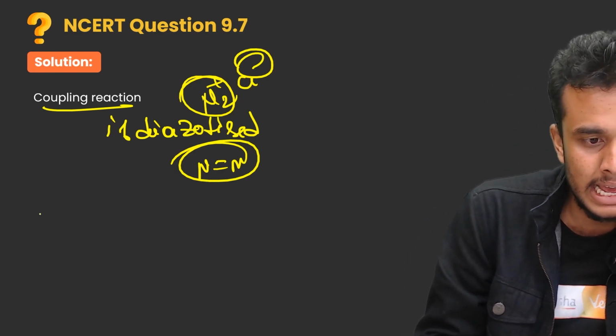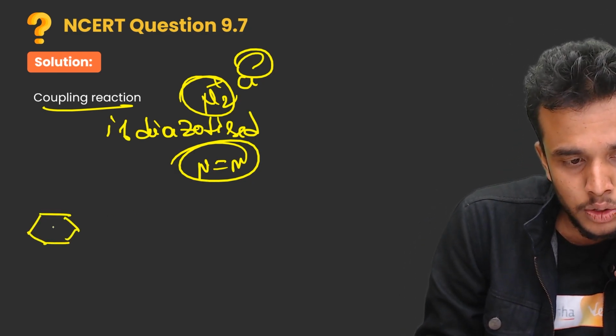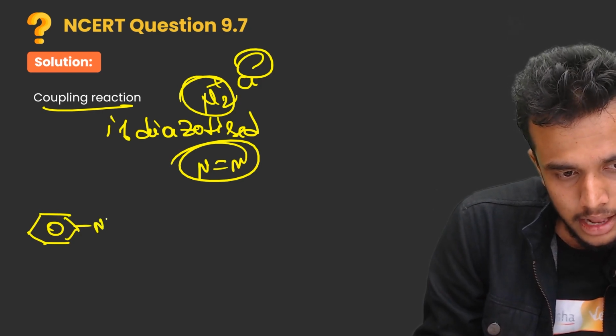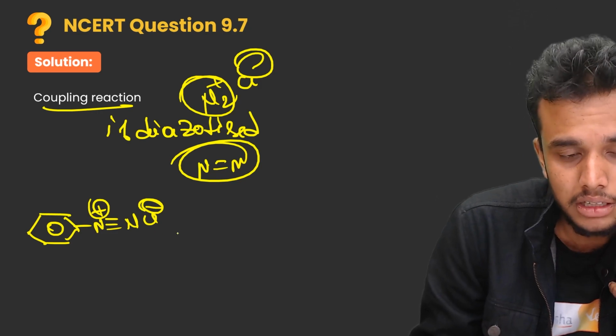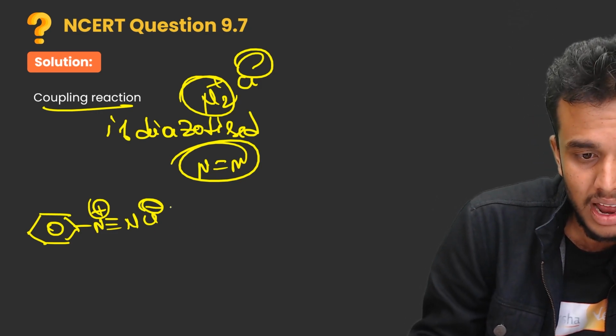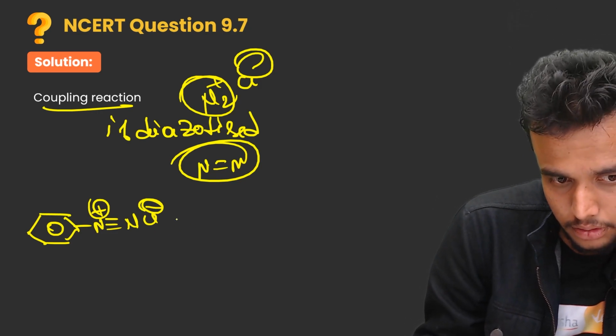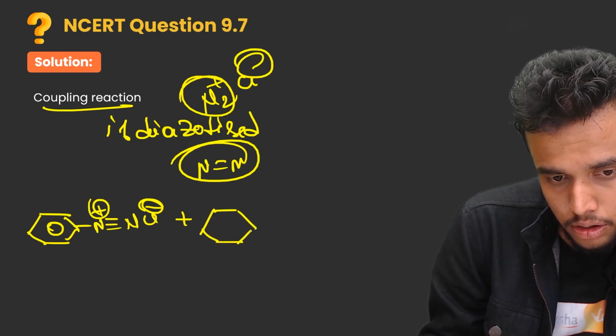For example, let's take benzene diazonium salt, N triple bond N plus Cl minus, students, right? It's clear. Then it reacts with another phenol molecule, OH.